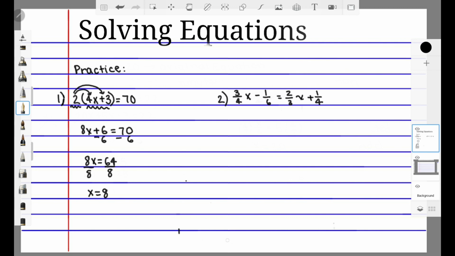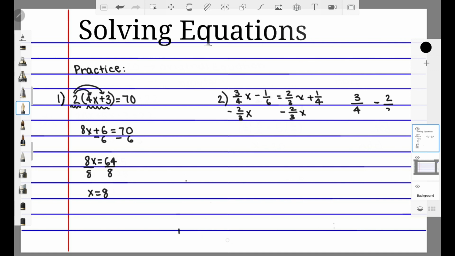All right, now for the second one. Nothing changes with fractions. We still have to go about the problem in the same way. First, let's put both of the x's on the same side. So this is being added, so we'll subtract it here. All right, now let's solve. We have 3/4 minus 2/3.